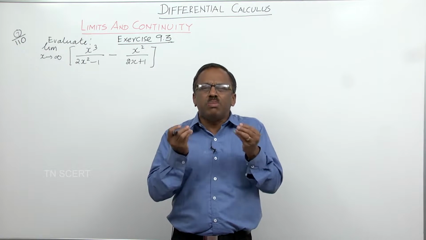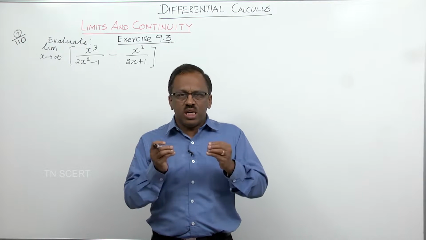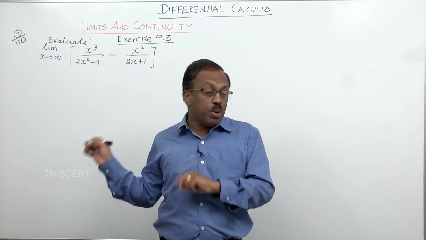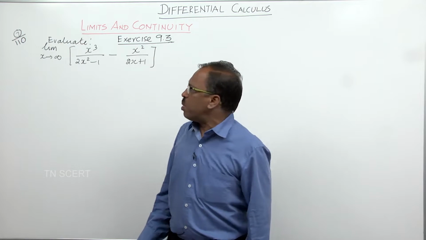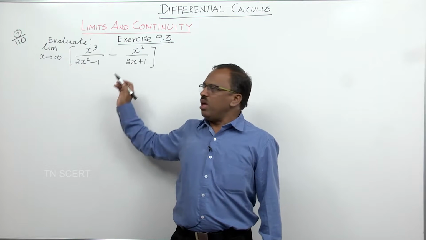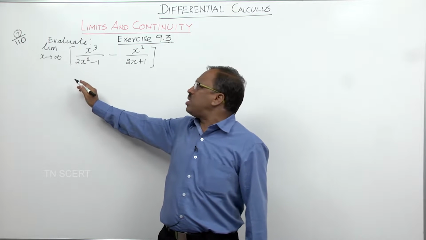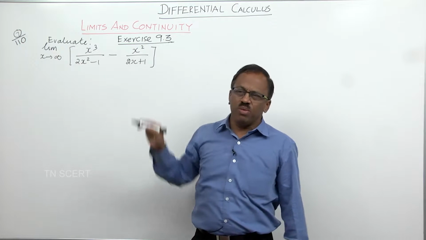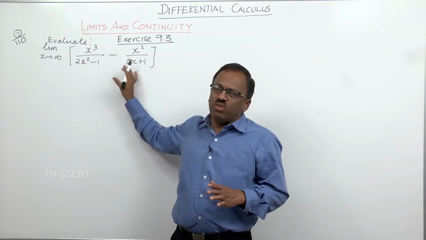So, we have to do simple steps. You should know certain factorization methods and certain simplification methods. Once you know all these things, this particular problem is simple and easy for you. So, let us see this problem in exercise 9.3, problem number 7, and evaluate, that means find the value of this limit as x approaches infinity, for the function given.